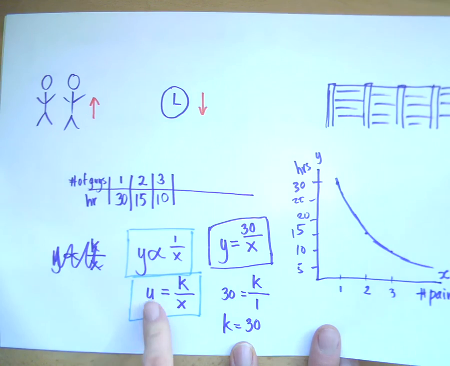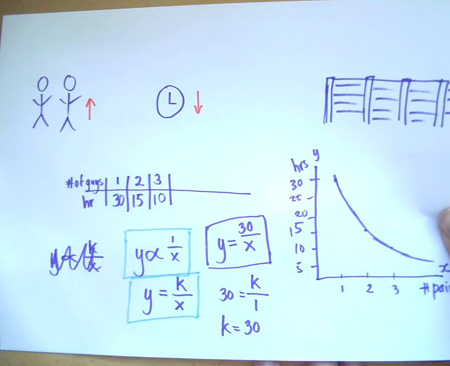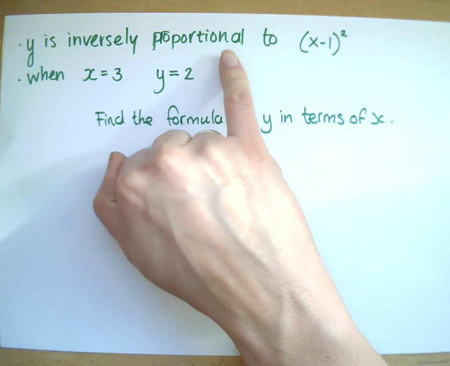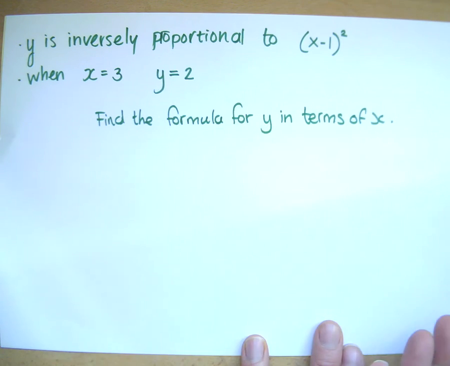We can make the formula look a little more complicated and still know what we're doing. Look at this example. We could say y is inversely proportional to not simply x, but x minus 1 squared.